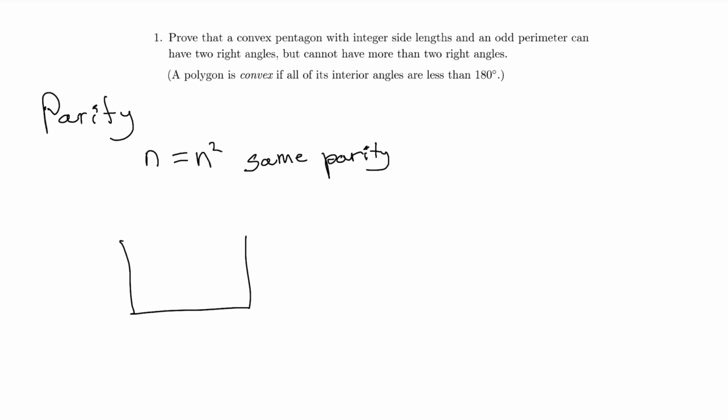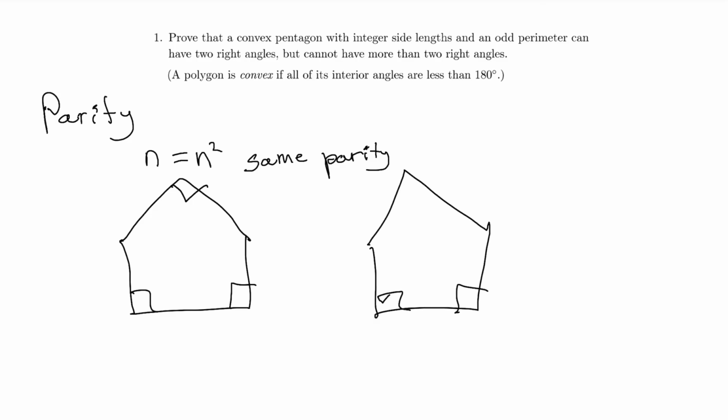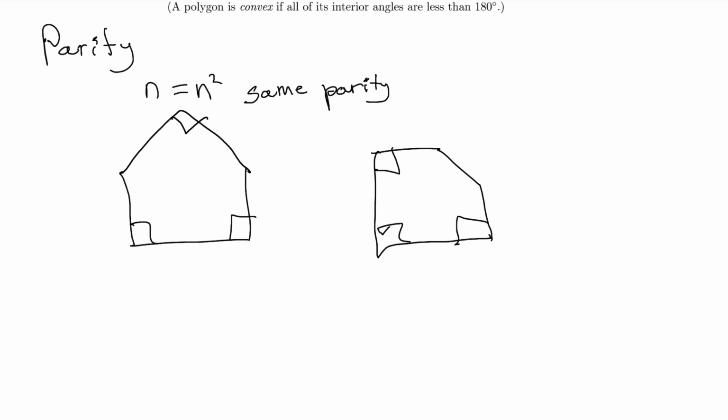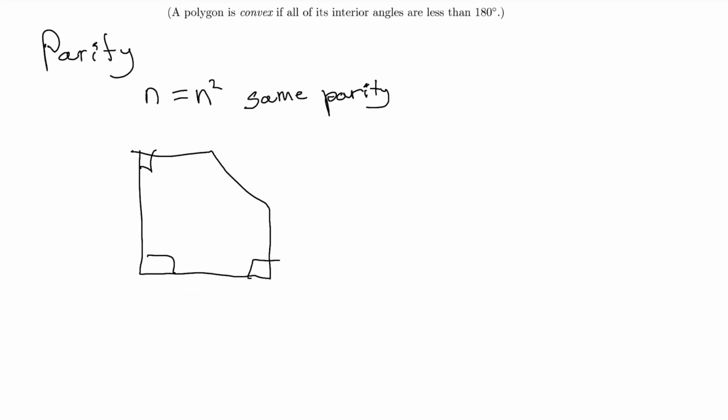For example, we would have 2 right angles like this, and then now this pentagon can have a right angle here, or we might have the 3 right angles all adjacent to each other, like so. These are the only 2 cases we have to deal with. When the 3 right angles are all adjacent and when 2 are adjacent but the last one isn't. So we have to prove that this pentagon would always have an even perimeter.